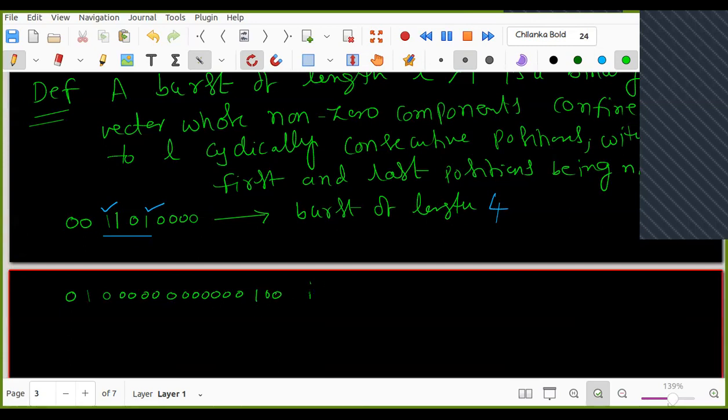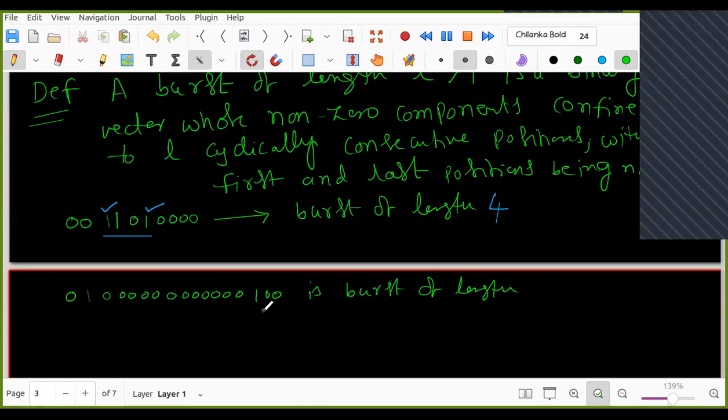Then is a burst of, can somebody tell me? It is not a burst of this much length, so be careful. I can shift cyclically.